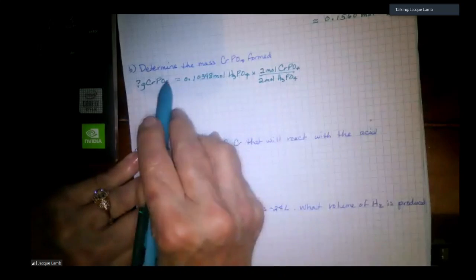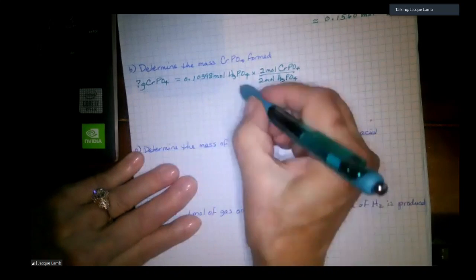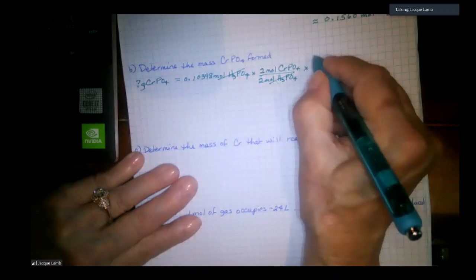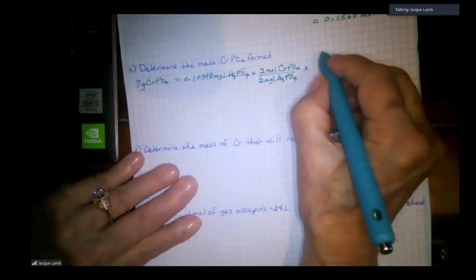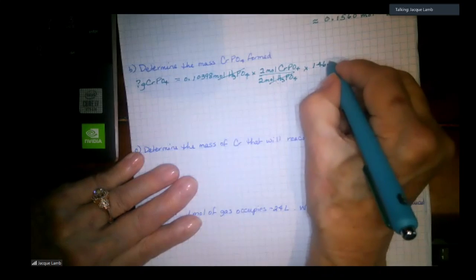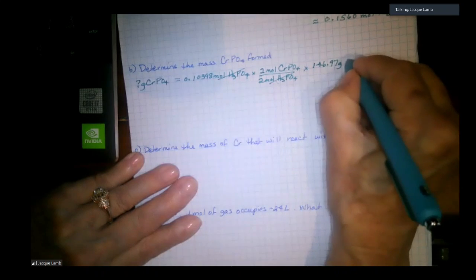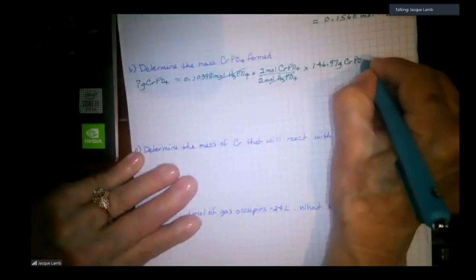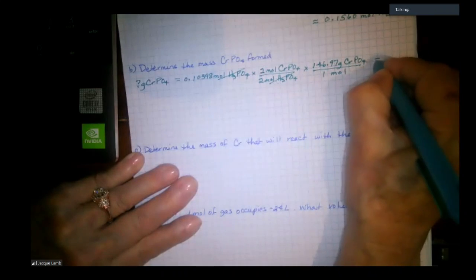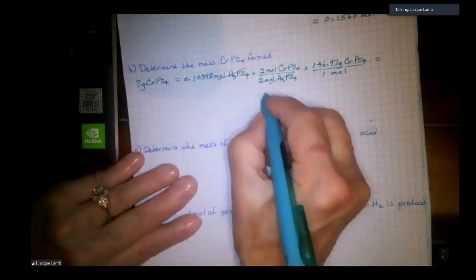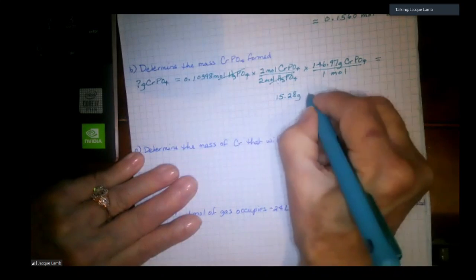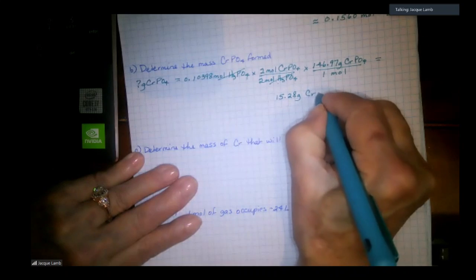And then I want an answer in grams. This is going to give me moles, so I need to multiply that by the molar mass. The molar mass of chromium phosphate, when you calculate it, is 146.97 grams of chromium 3-phosphate to 1 mole. And when I do that math, I'm going to end up with 15.28 grams of chromium 3-phosphate.